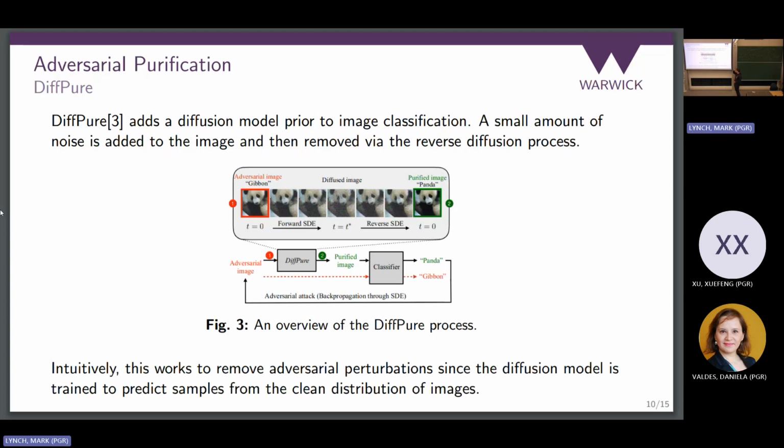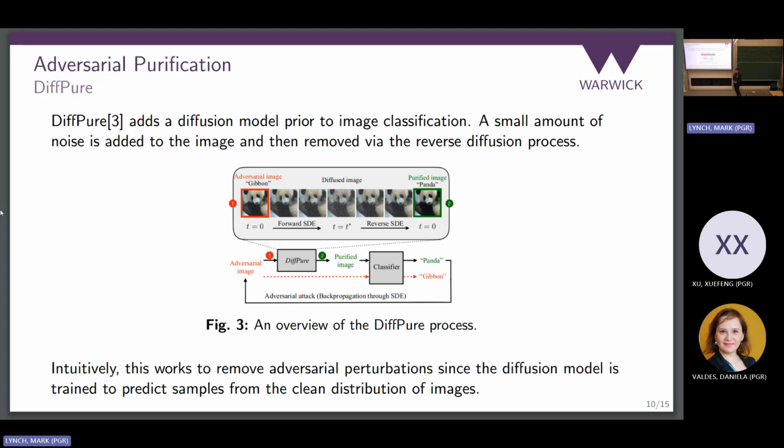On the left, an attacker has added a perturbation to the pixels of the panda to make an image classifier think it's actually a gibbon and not a panda. DiffPure then adds a bit of noise to the image until we get to that center image, a slightly noisy panda, and then takes the image through the reverse diffusion process to get back to a clean image, and then classifies it. You can see in this example that the image classifier now gets it correct and identifies it as a panda.